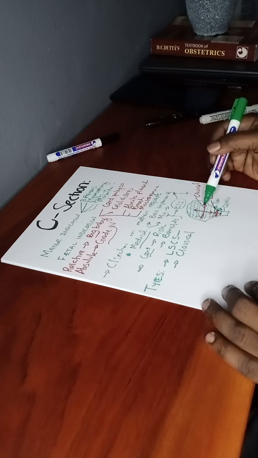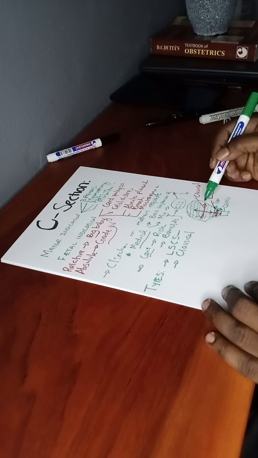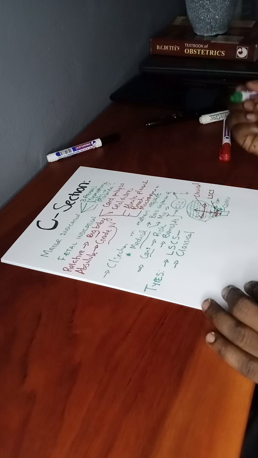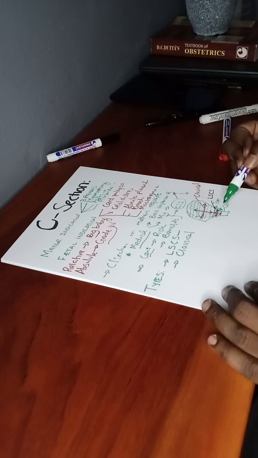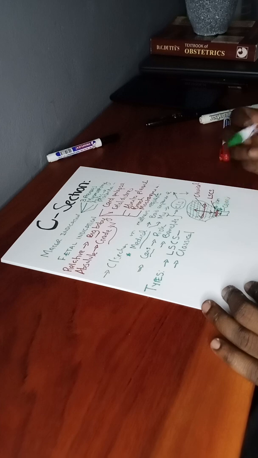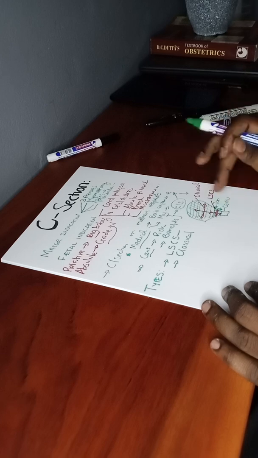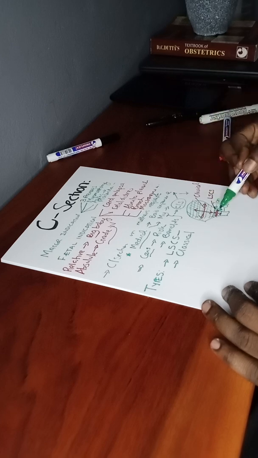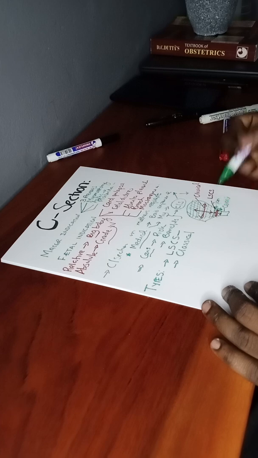So if you have a classical cesarean section, that woman is not going to have a vaginal delivery in the next pregnancy. If you have a lower segment cesarean section, this woman can attempt a trial of vaginal delivery in the next pregnancy, because we know the lower segment is thin, it's not very well supplied with blood, so the amount of bleeding that the woman experiences when you have a lower segment cesarean section is much lower.